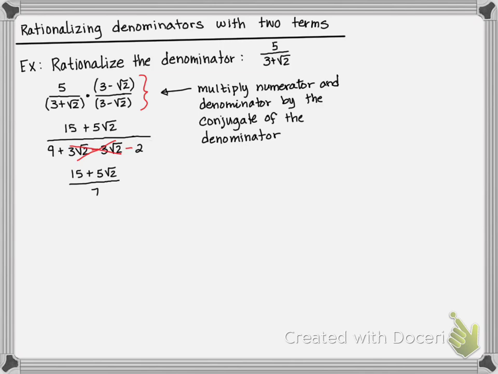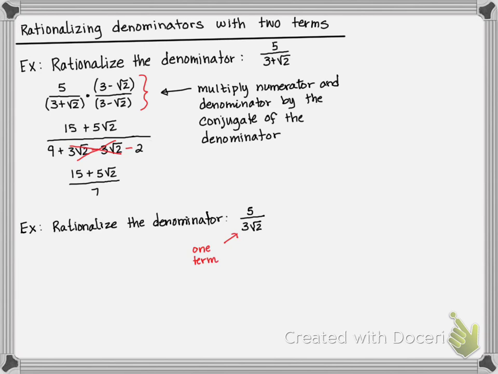Yesterday, just to remember, if I did 5 over 3 times the square root of 2, there's only one term in the denominator.